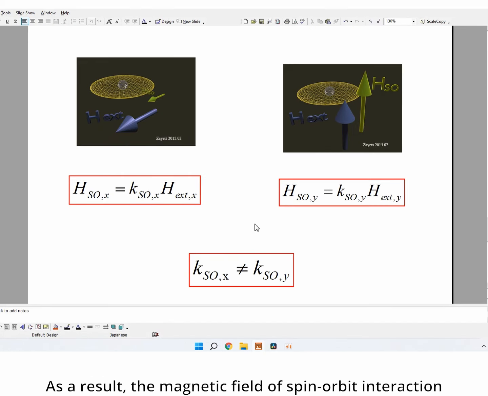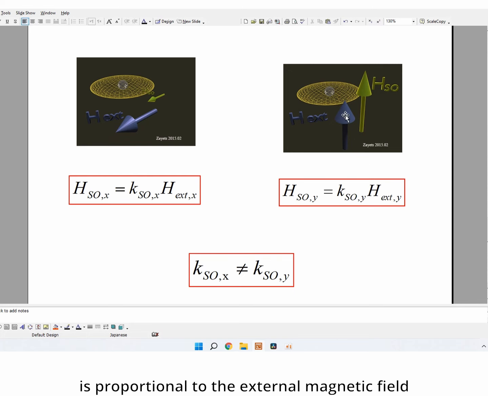As a result, the magnetic field of spin-orbit interaction is proportional to the external magnetic field for both directions of the magnetic field. However, the proportionality coefficient KSO depends significantly on the direction of the magnetic field with respect to the orbital deformation.